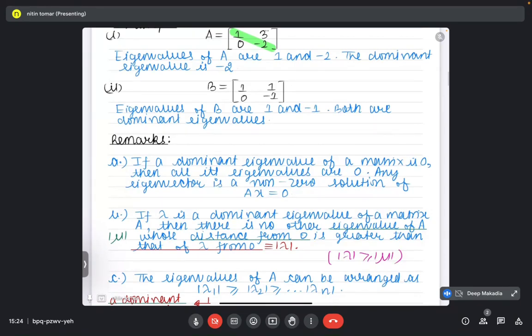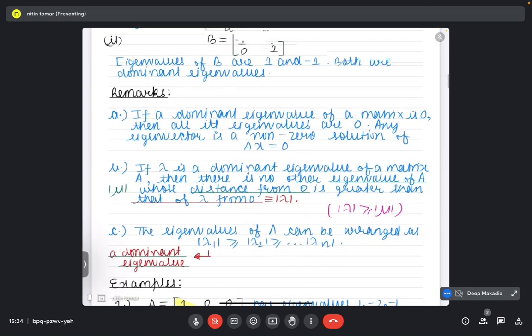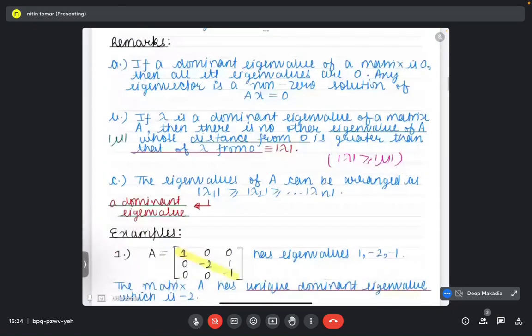These are easy remarks. Let's say if a dominant eigenvalue of a matrix A is 0, then all its eigenvalues are 0, right?